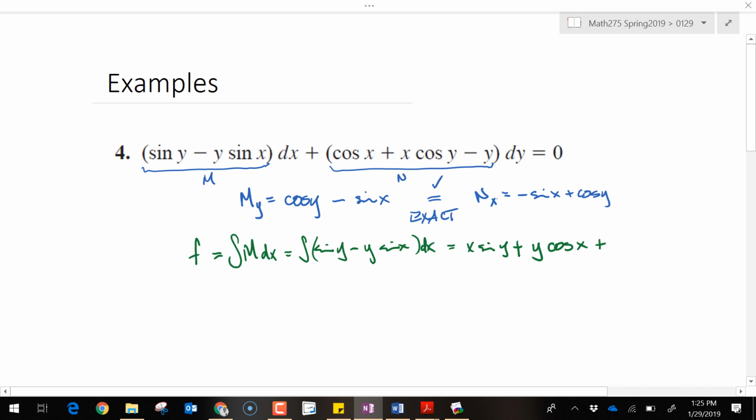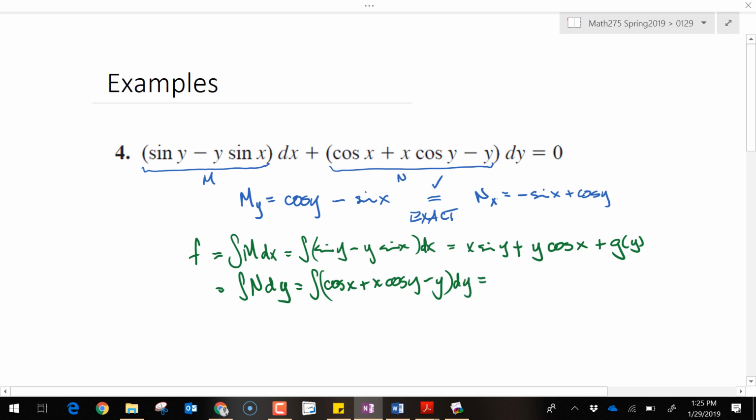And then we account for some possible constants as functions of y. I use g, h. I don't know. All right. Similarly, we're going to take the antiderivative, the integral of the N function with respect to y. So that's cosine x plus x cosine y minus y dy.